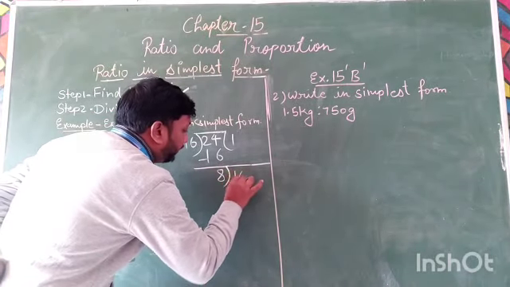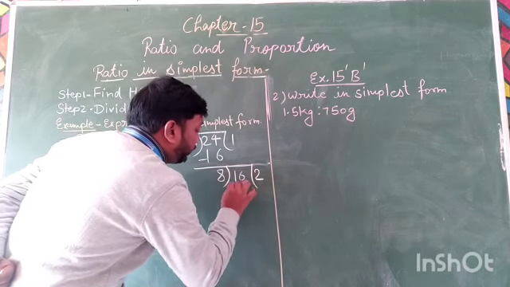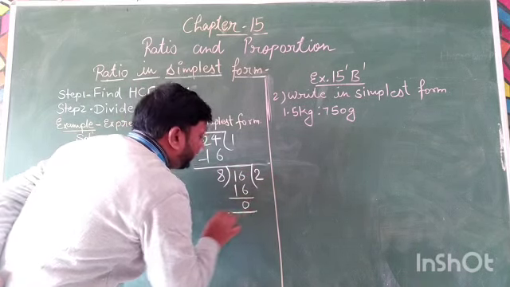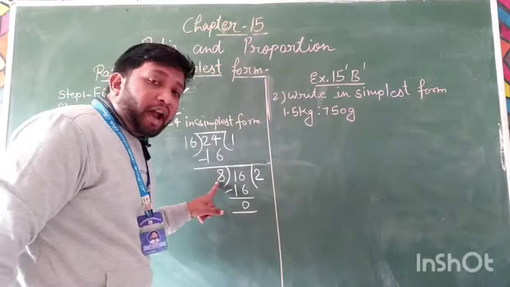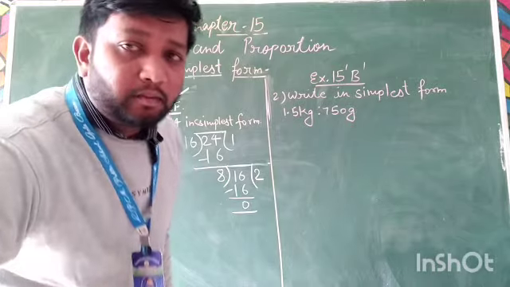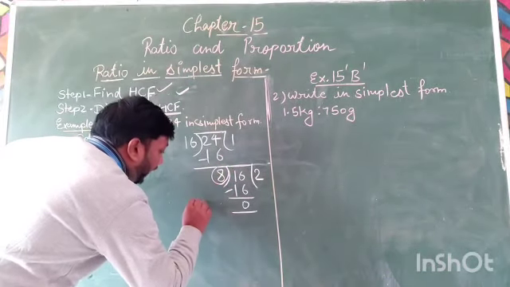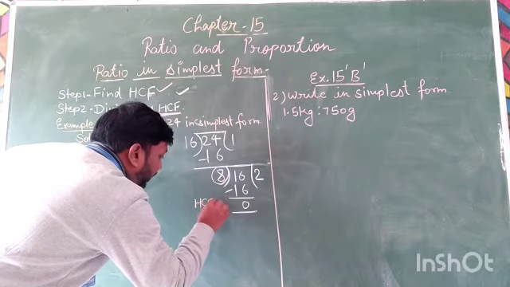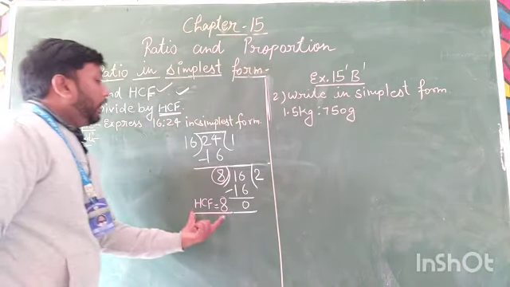So we divide 16 by 8, 8 2 is 16 and the remainder is 0. When the remainder is 0, then the divisor is the HCF of those numbers. So the HCF will be 8.